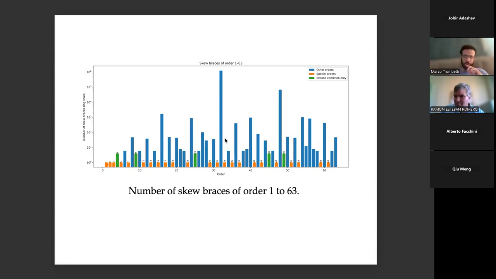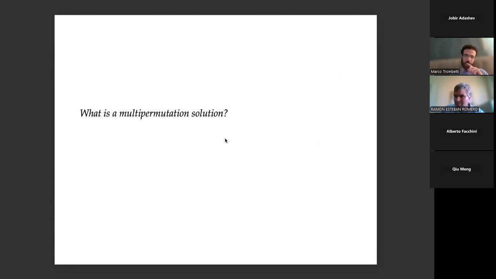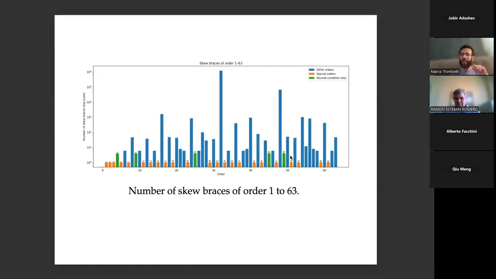Let's see. So let's start. What is a multipermutation solution? Because, spoiler alert, if you look at those things here, those correspond to solutions which are multipermutation solutions, and this multipermutation thing is a nice nilpotency concept.